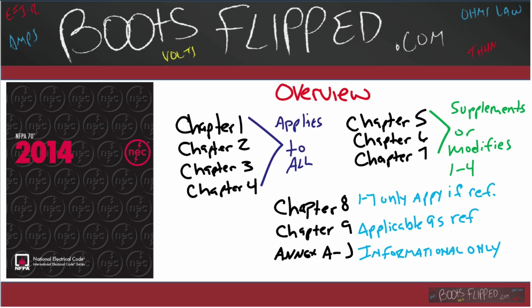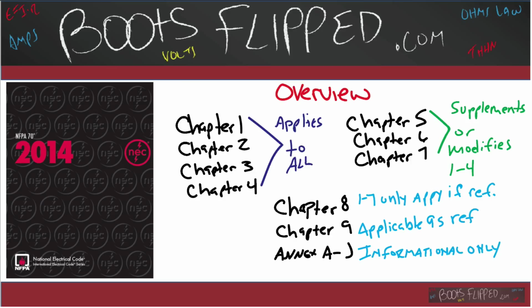So let's look at an overview of all these chapters. Chapters 1, 2, 3, and 4, the general articles, the wiring protection, wiring methods, and equipment for general use, those apply to every electrical installation. Chapters 5, 6, and 7, which are special occupancies, special equipment, and special conditions, those supplement or modify anything in Chapters 1 through 4.